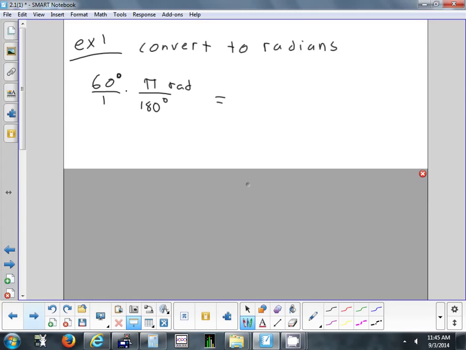And now we just reduce that as much as we can. What number goes into 60 and 180? Biggest one you can think of. 60, yeah. 30 works too, but then you can do it again. Actually, maybe a little more careful how I do that. So you cross the 60 out, make it a 1. Cross the 180 out, make it a 3.